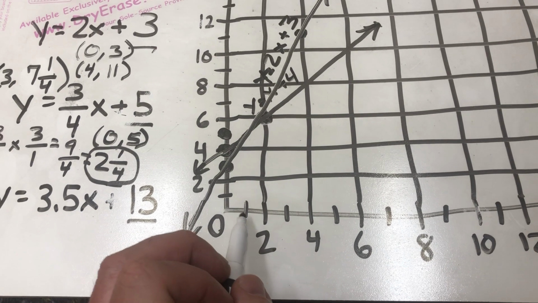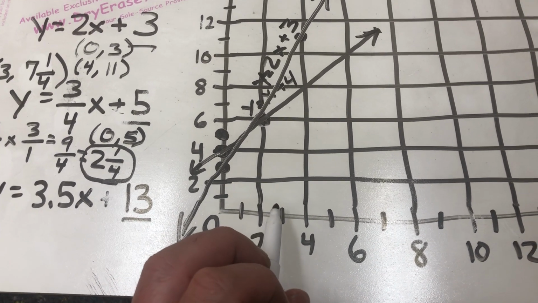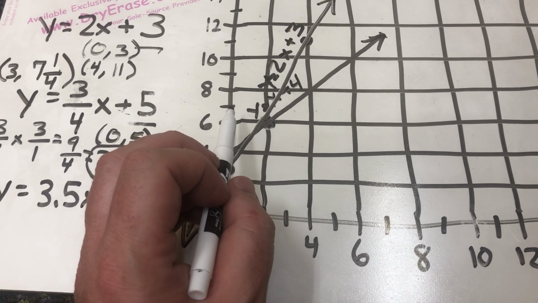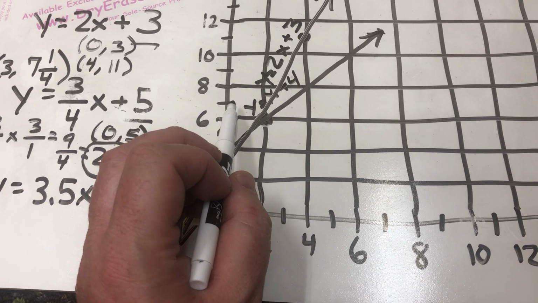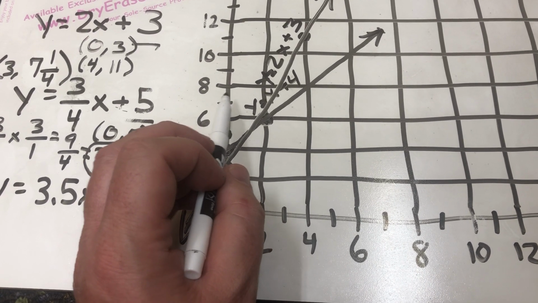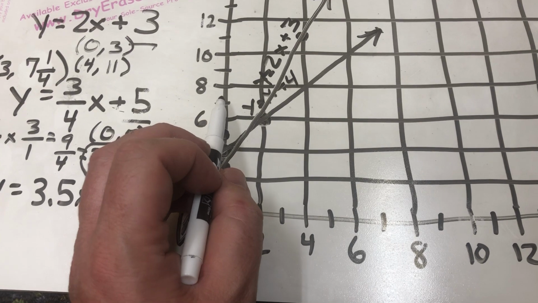So I come over here, 1, 2, 3, between the 2 and the 4, 7 and 1/4. So here's 6, here's 7. Now 7 and 1/4 is not quite halfway between 7 and 8.